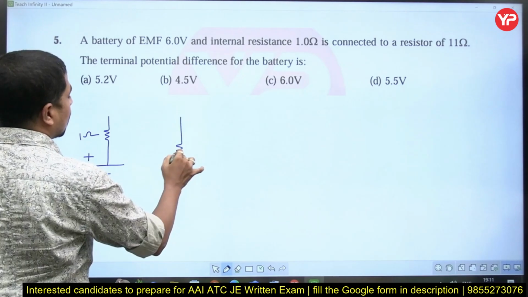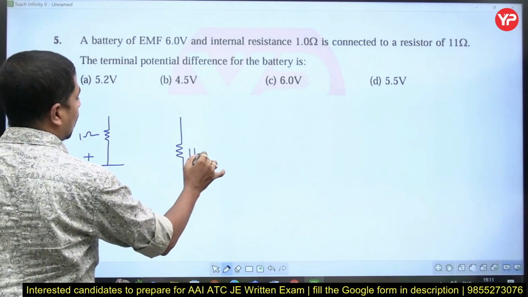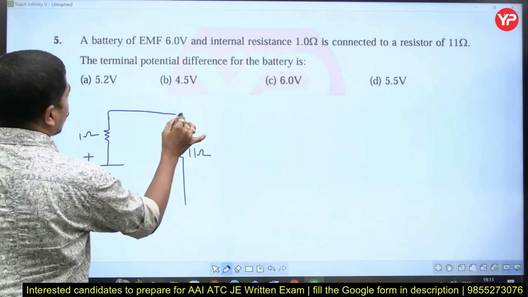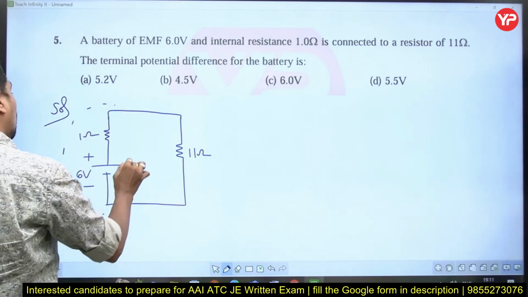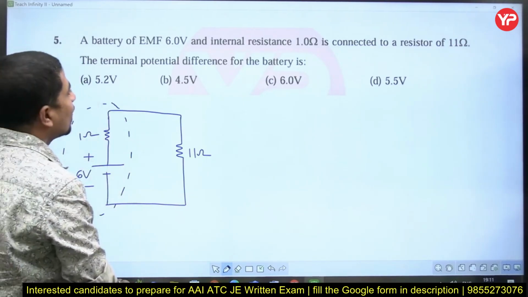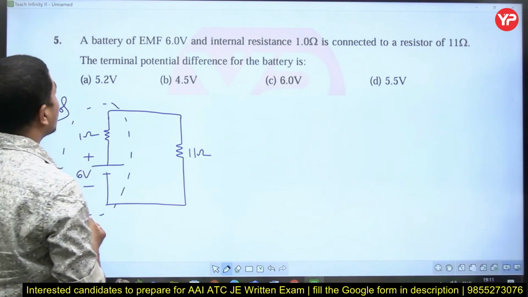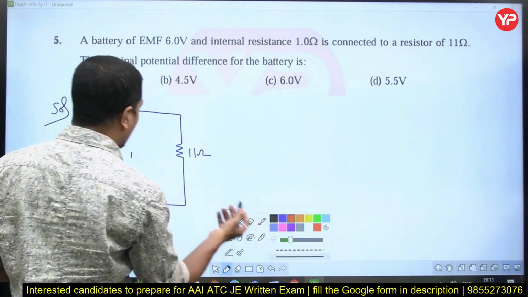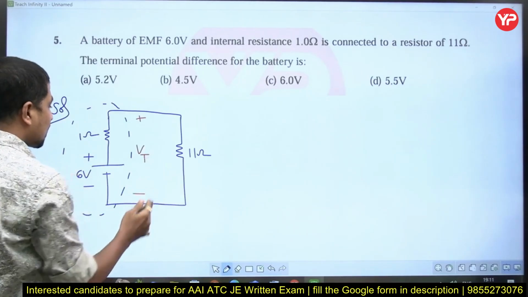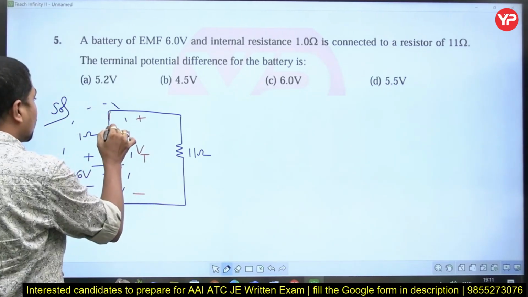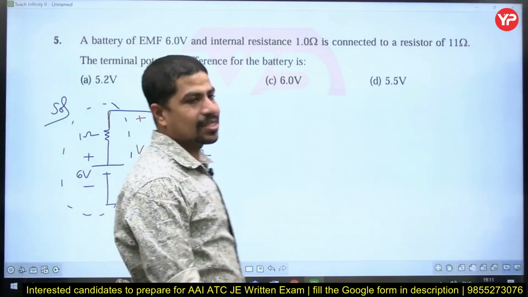I am taking this resistance of 11 ohms, connected to this. This is the battery; this total is the battery. I am putting it in dotted lines. The terminal potential of the battery, he is asking, Vt. What is Vt? This is the battery. He is asking the terminal potential of the battery.